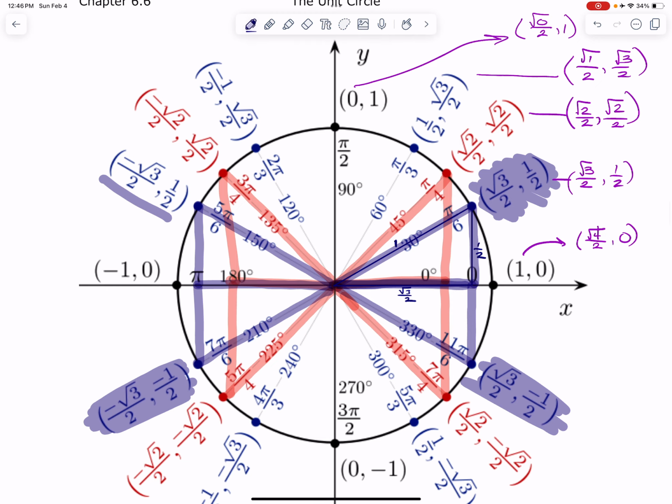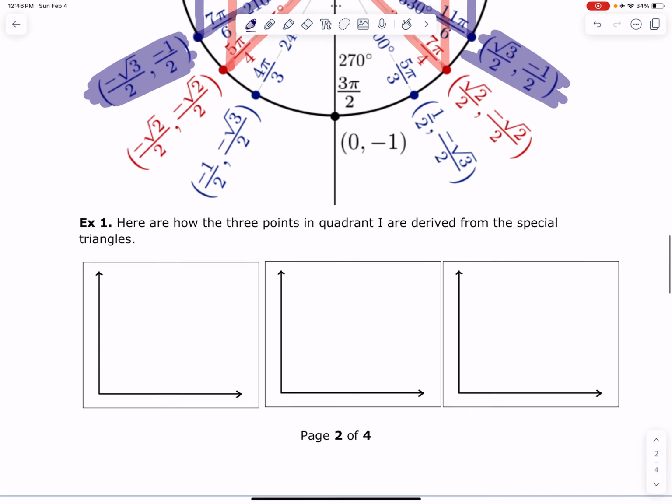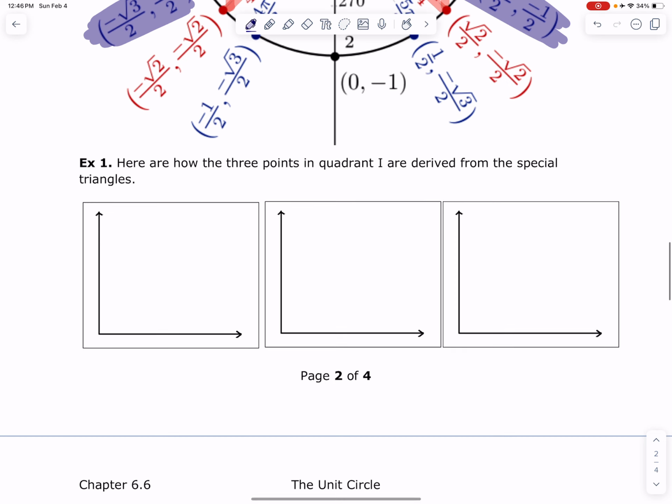Just as a reminder how we got these values, when we talked about a 30-degree angle, and I'll be honest, I remember this by remembering that a 30-degree angle has my triangle lying on its side. So the short side is opposite the 30-degree angle.